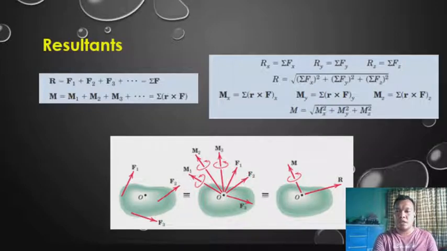So, kumbaga si lecture 3, which is equilibrium, is the application na nung lecture 1 and lecture 2, no? Dun sa lecture 3, hindi na rin natin identify yung mga i, j, and k na yan. Pero syempre, yung concept of getting the component, dapat ma-identify nyo na, or marunong na kayo, or kabisado nyo na, no?